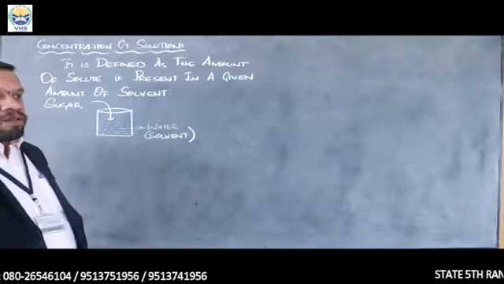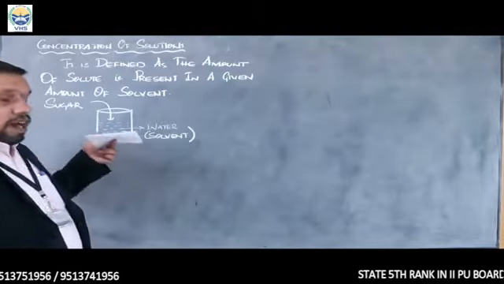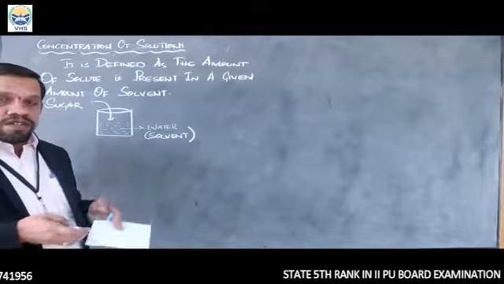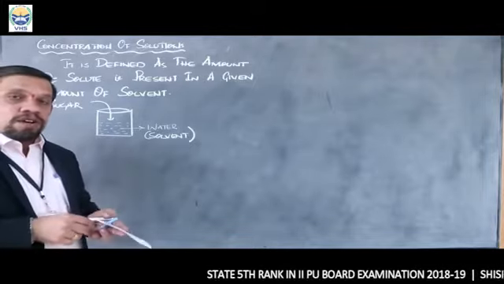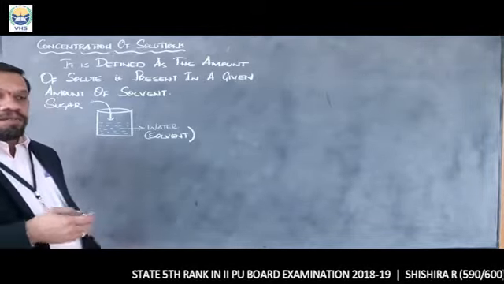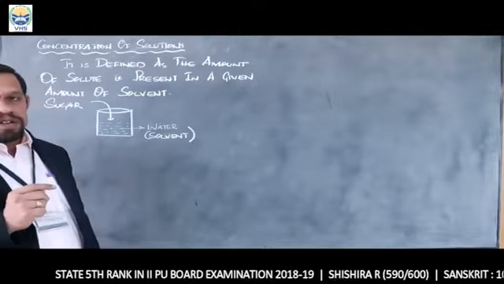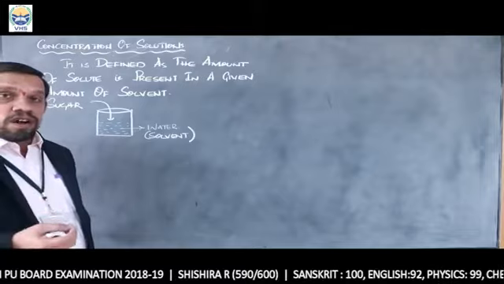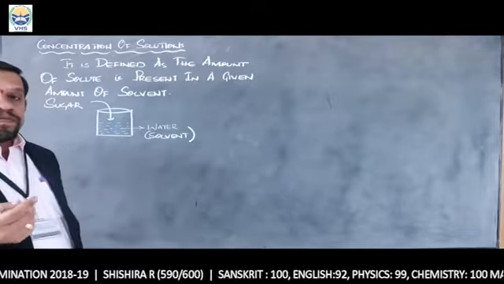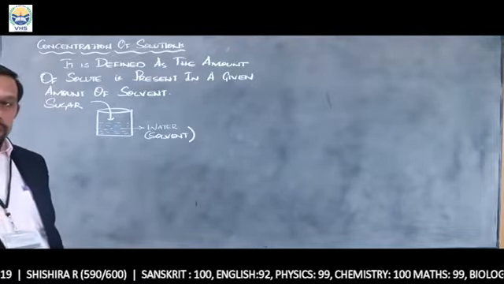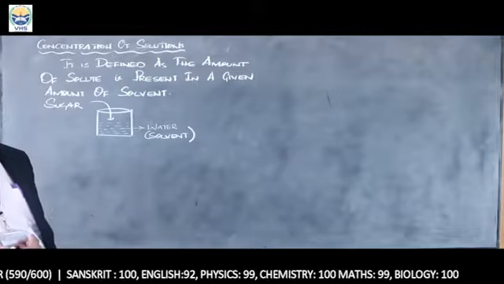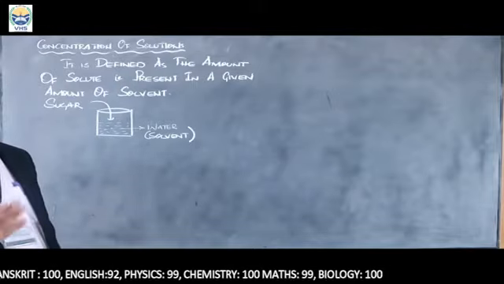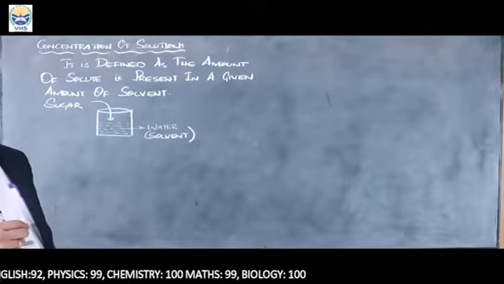So we try to express, as the amount of solute is increasing in the solvent, the solution is becoming more and more concentrated. This concentrated is nothing but more amount of solute is getting dissolved in the solvent. So how can I express this concentration?